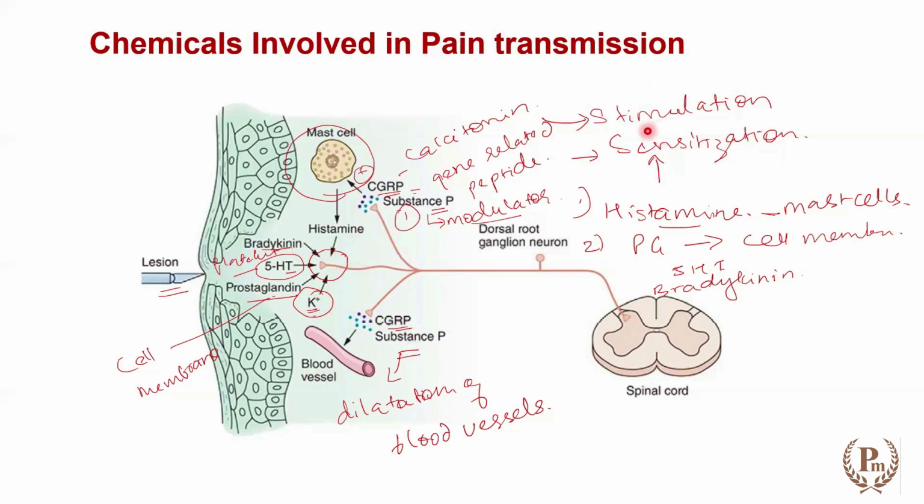One is to cause the pain, to stimulate the nociceptors or the pain receptors. The other is to sensitize the pain receptors, kind of reduce the threshold for pain, so more pain stimulus can cause more activation of the fibers here. There can be more depolarization at this end, and so more volleys of action potentials may travel along the nerve fibers and thereby ascend to the higher centers.